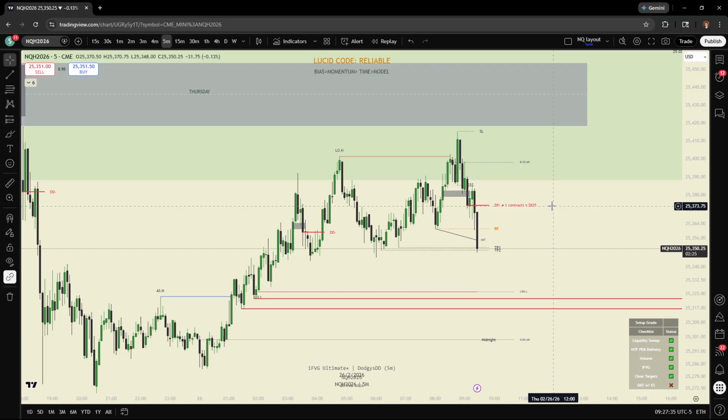Would be better to get the 4 hour filled. I would like to see one side of liquidity be taken and then us target the other. Right now price looks a little bit more bearish in the lower time frame, so I think it makes more sense to go down first. But honestly, we'll just have to see what happens at 9:30 open.